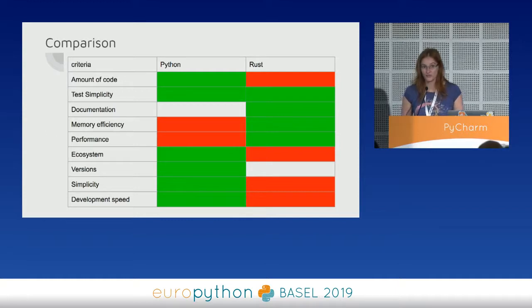Stable has most of the features. Nightly has really nice features that you might need or might not, depending on how deep you want to go in your implementations, since we are using a writing-from-scratch use case. And development simplicity and development speed. I am a Python developer, not a Rust developer, so this is biased for me.